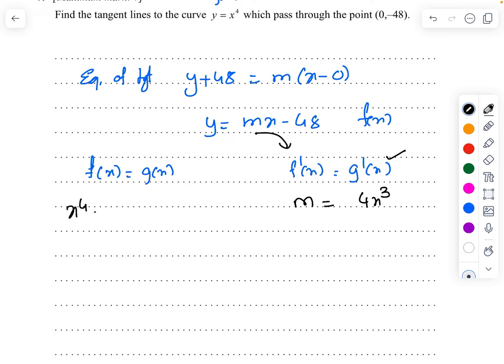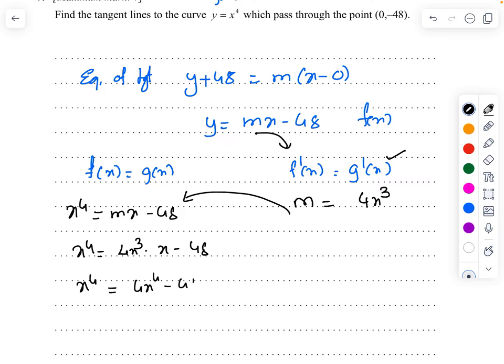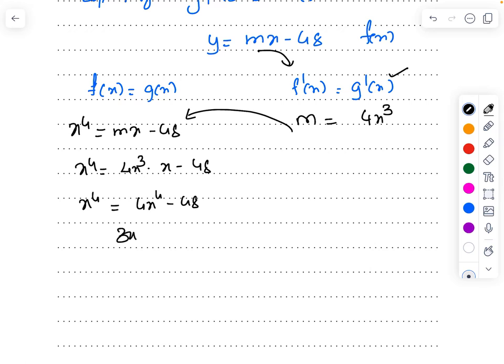Over here x power 4 should be equal to mx minus 48, but m is 4x cube, so x power 4 equals 4x cube times x minus 48. x power 4 equals 4x power 4 minus 48. 3x power 4 equals 48, x power 4 equals 16, x equals plus or minus 2.